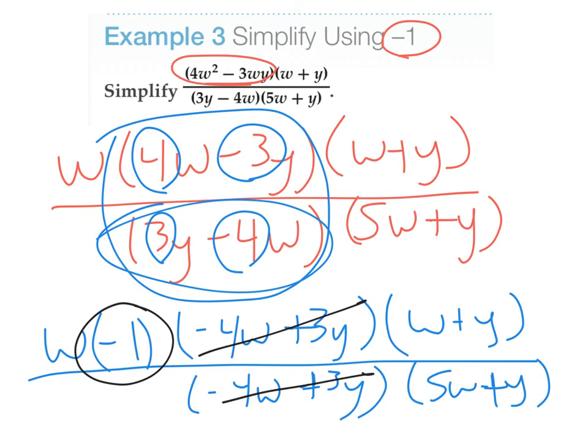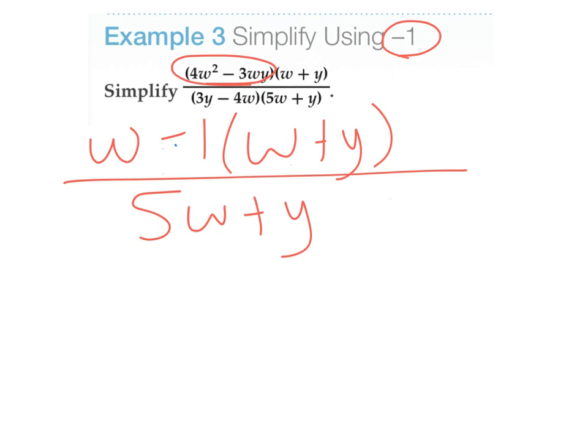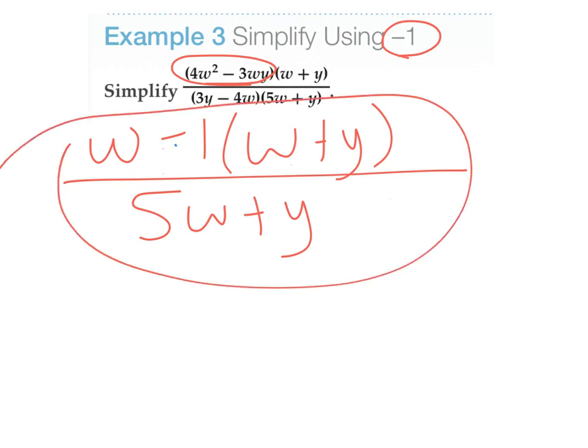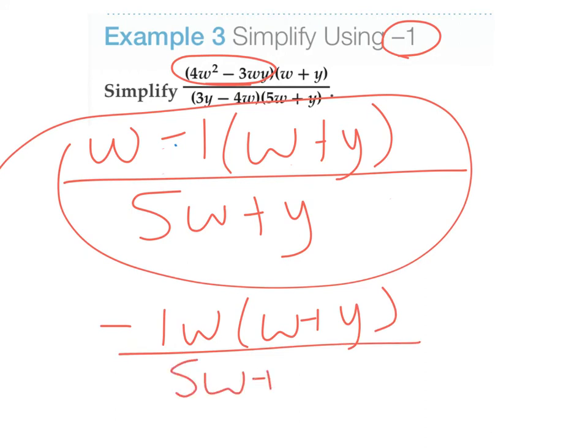So I'm left with negative 1 times w plus y on the numerator and 5w plus y in the denominator. And there's my answer.